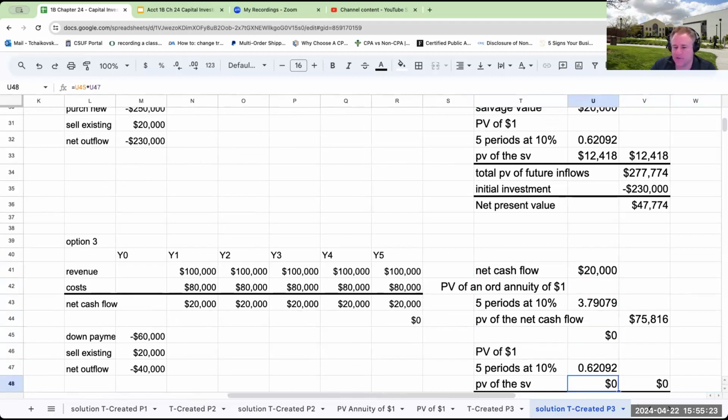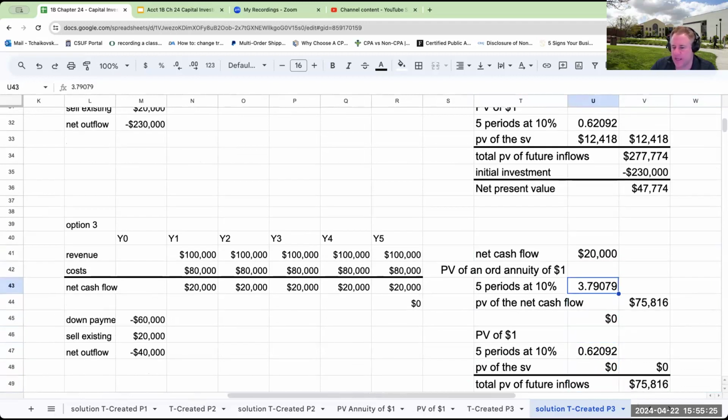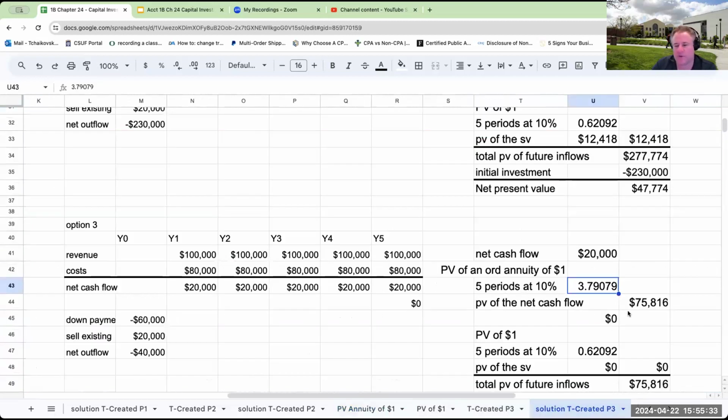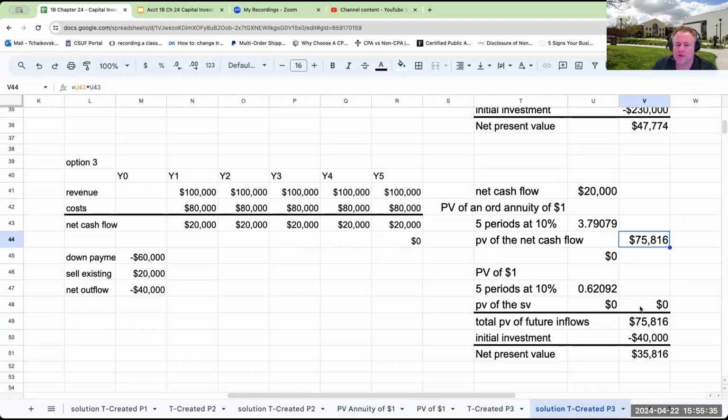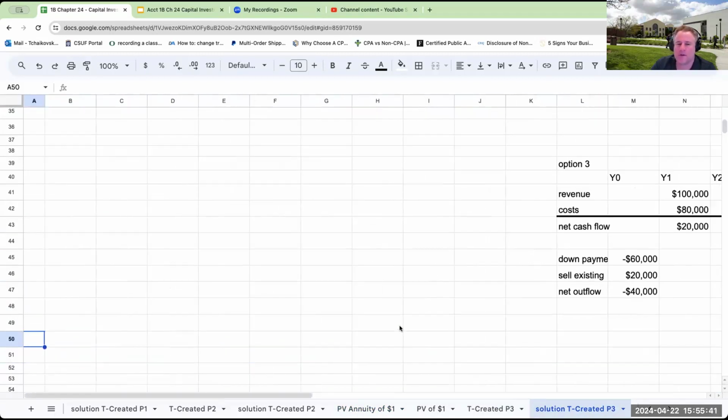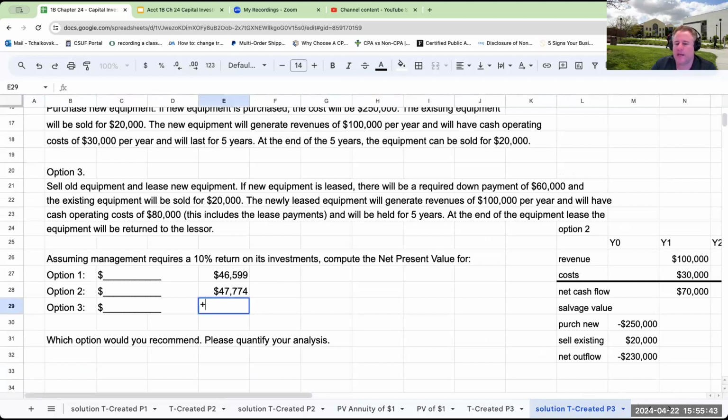There's no salvage value. So again, it's the same factors: present value of an annuity of $1, 5 periods at 10%. Once you come up with it once, you don't have to do it again. So now my net present value here is going to be 35,816. And now let's go through and talk about what's going on.